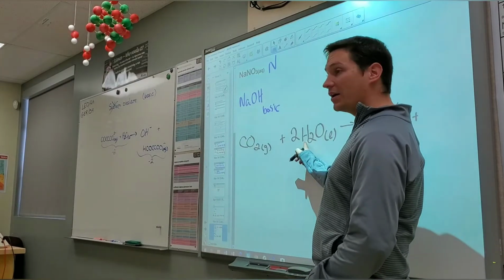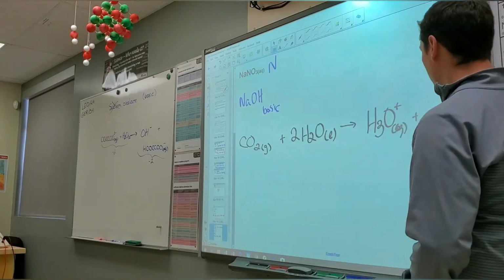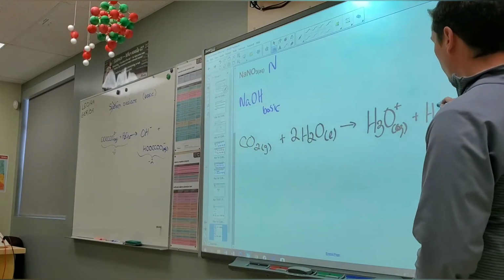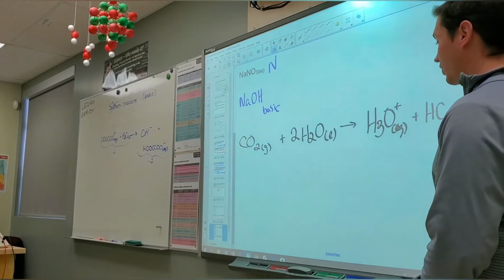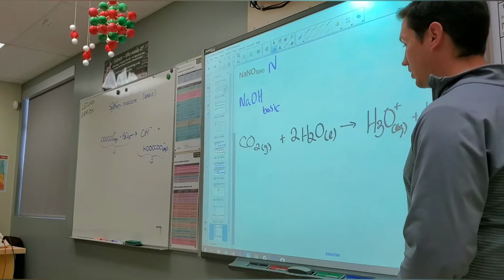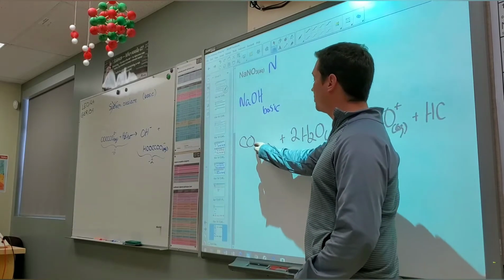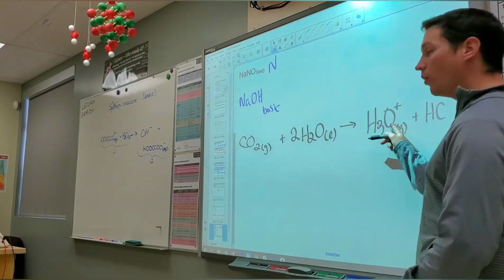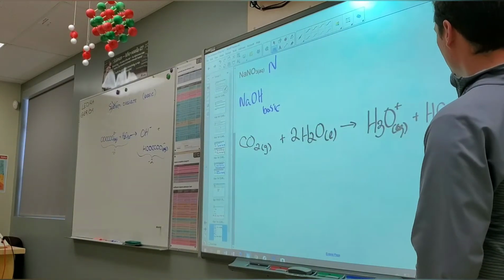Okay, 1 hydrogen is left over. How many carbons are left over? 1. How many oxygens are left over? 2 plus 2 is 4, and we've used 1 so far, so there's 3 left over.